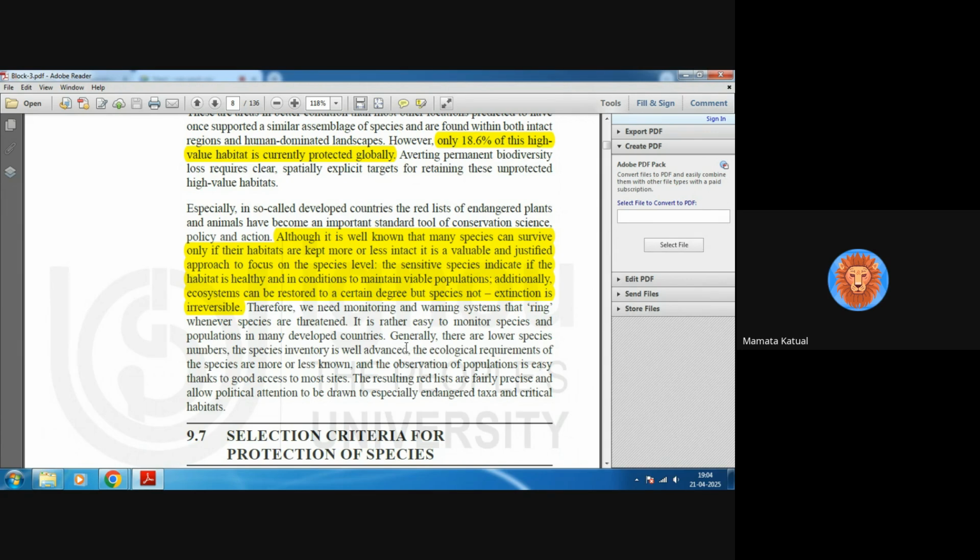IUCN prepares the red list of endangered organisms. And in developed countries, they focus mainly on these endangered plants and animals which are present in the red list.